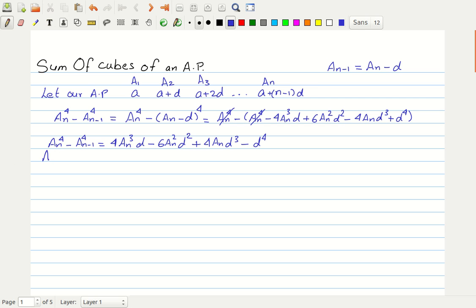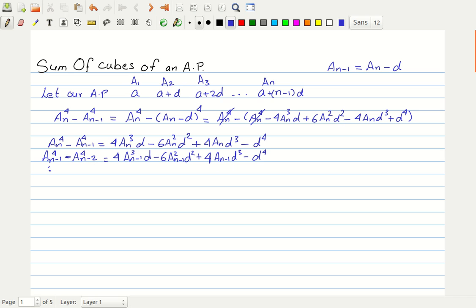Now once we know this, I can easily write what is going to be a n minus 1 to the power 4 minus a n minus 2 to the power 4. This is going to be 4 times a n minus 1 cube times d minus 6 a n minus 1 square d square plus 4 a n minus 1 d cube minus d to the power 4.